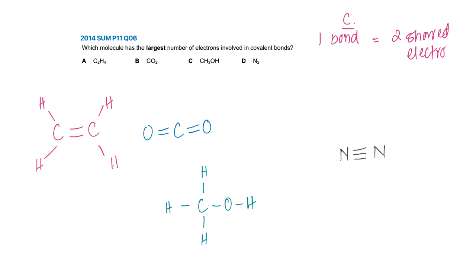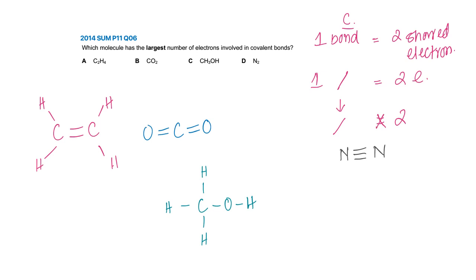Now a bond in all of these diagrams is represented as a line. So one stick or one line represents 2 electrons. So what I do is I count the number of these lines and multiply by 2.